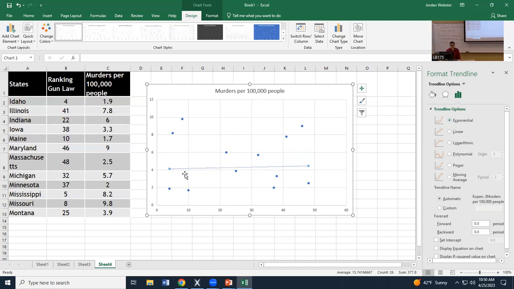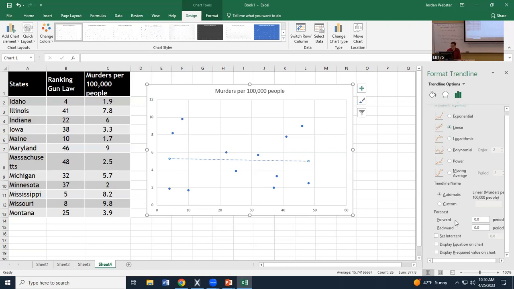All right? Notice none of these are fitting very well to the data. They don't look like they fit very well at all. Here's our exponential, here's our linear, here's our quadratic. Do a power, that doesn't work either. So I'm going to just choose linear for right now, because that's usually the easiest thing to deal with.